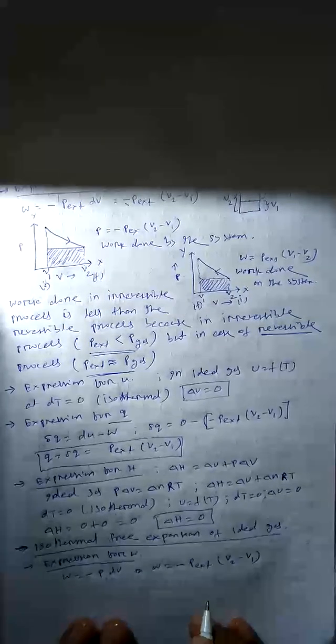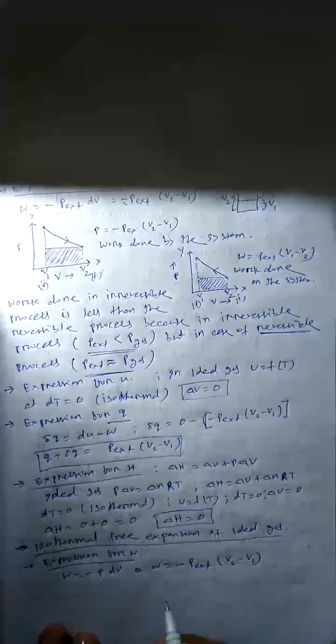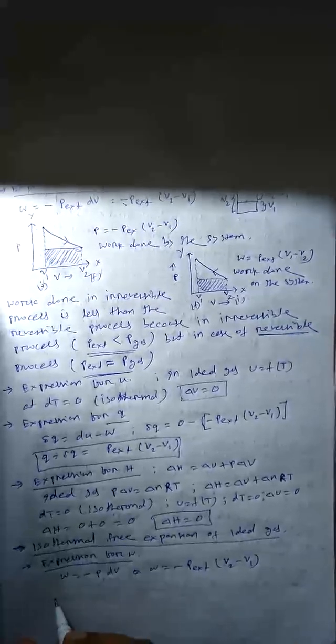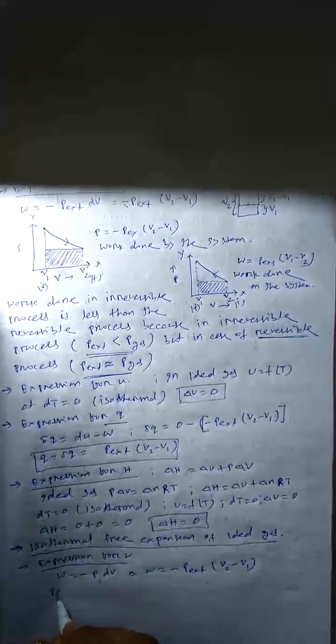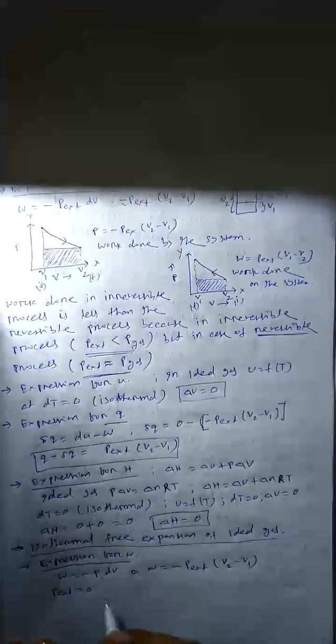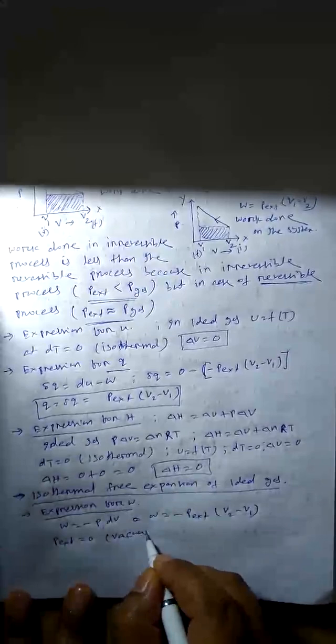In the case of free expansion, there is a vacuum, and vacuum means P external is equal to 0.